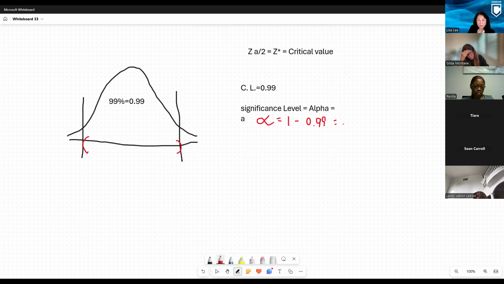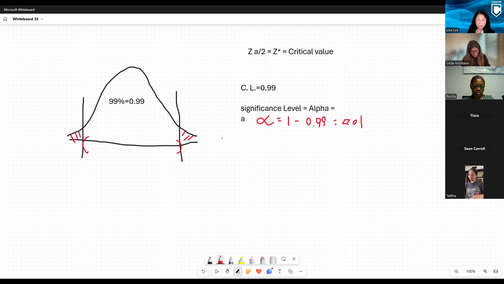The remaining is 0.01; you just subtract from 1. Alpha includes the right tail area here and the left-hand side area here.